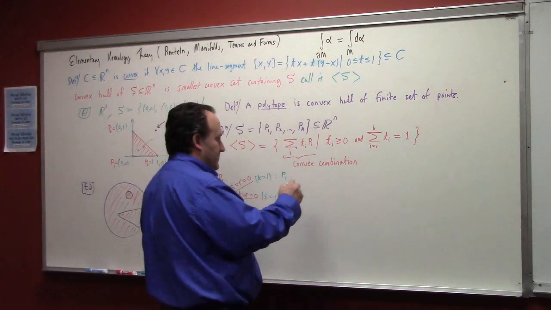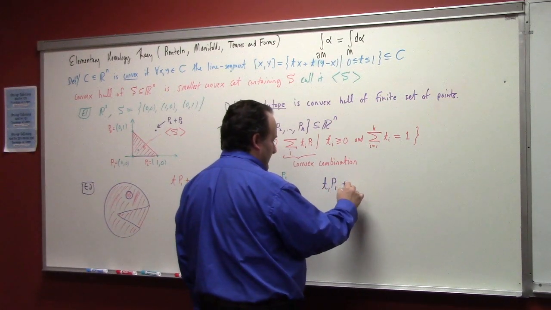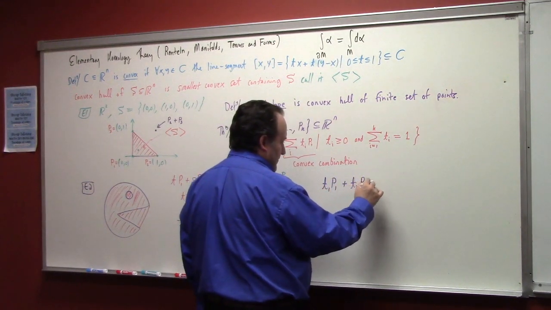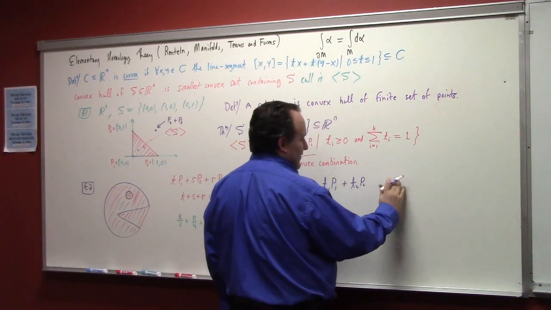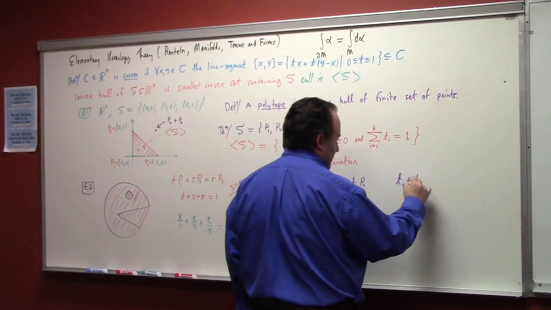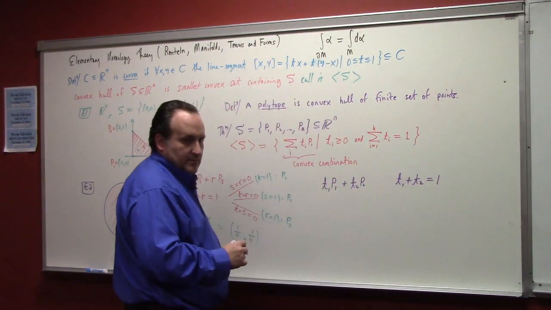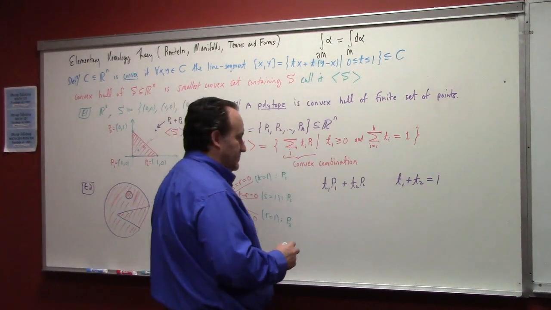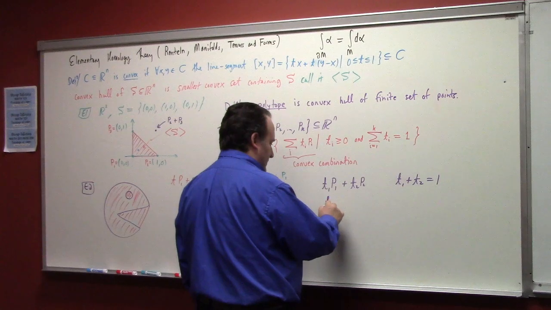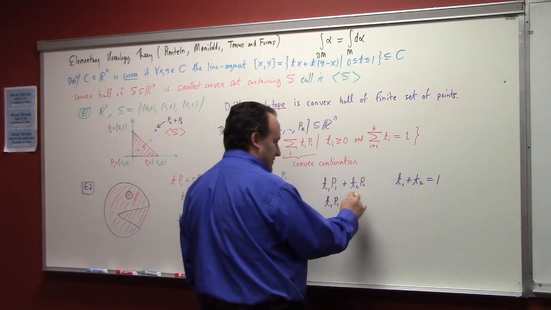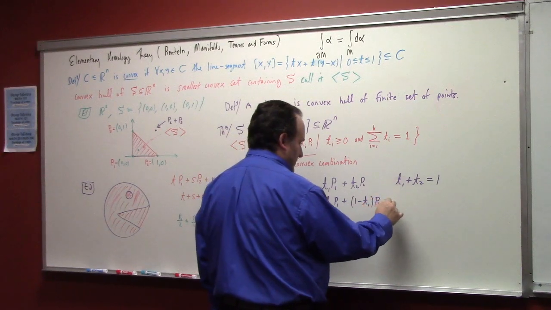So if you had T1 P1 plus T2 P2, such that T1 plus T2 is equal to 1, then you can solve this and say that's really T1 P1 plus (1 minus T1) P2.